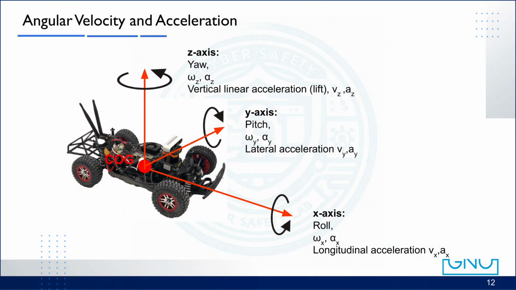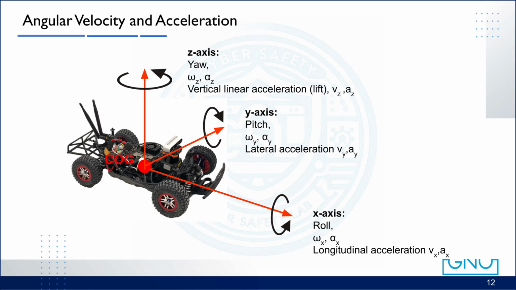Now we move from linear motion to rotational motion about the car's center of gravity. We describe rotation with angular velocity, written omega, and angular acceleration, written alpha. Around the x-axis, the motion is roll. That is side-to-side tilting of the chassis, with omega x and alpha x.